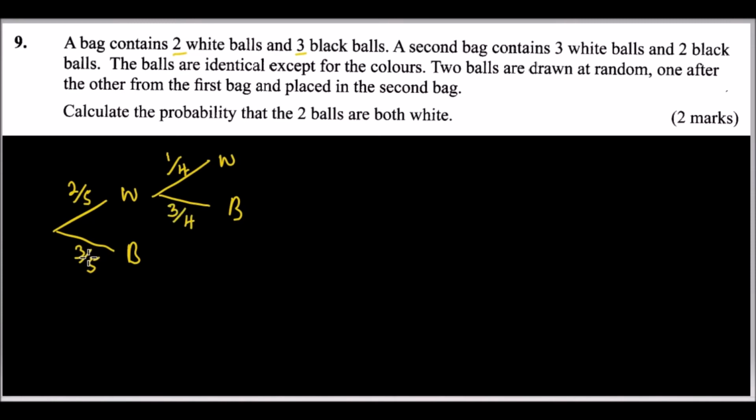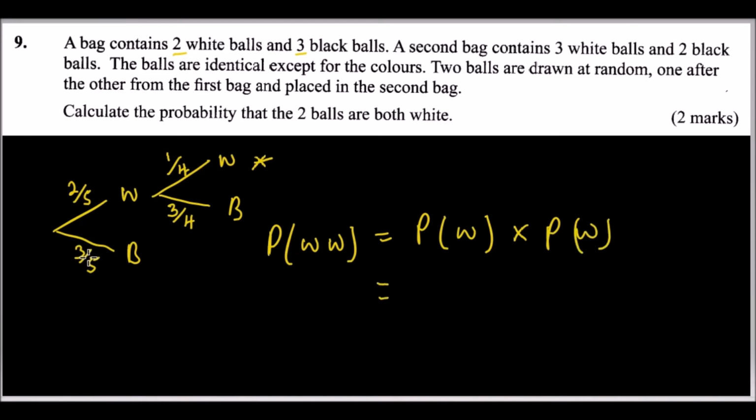Now we're looking at the question. We are told to calculate the probability that the 2 balls are both white. So the only option is this option. The probability that they are both white is equal to the probability of picking a white ball the first time, multiplied by the probability of picking a white the second time. The probability of picking a white is 2 over 5, multiplied by the probability of picking a white, which is 1 over 4.